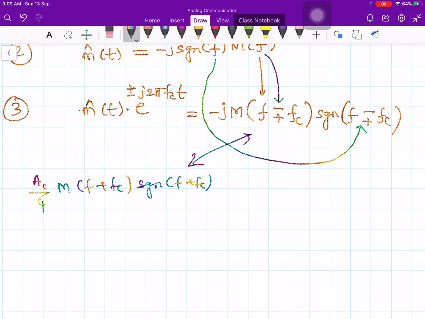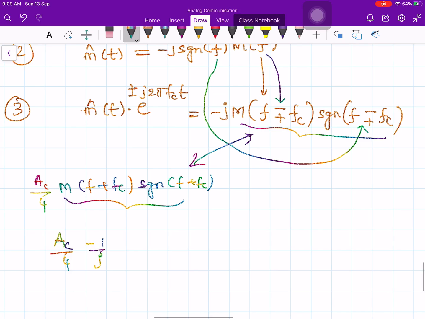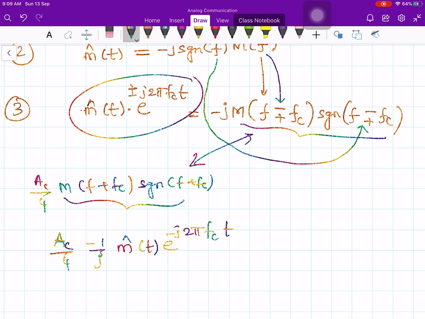You put AC as it is, AC by 4, m of f plus fc, signum of f plus fc, you have here. In the time domain, this j becomes the denominator and a minus sign will come. So minus 1 by j, this whole term, m cap of t. If we have plus, then e to the minus j 2 pi fct. Okay, so convince yourself.